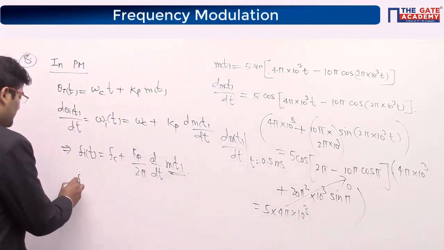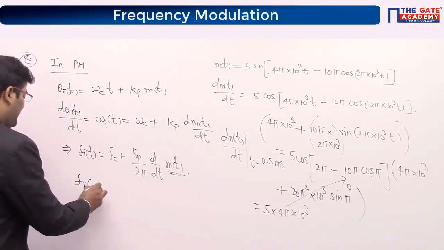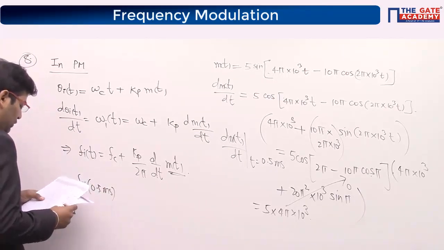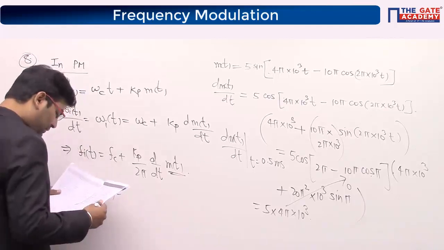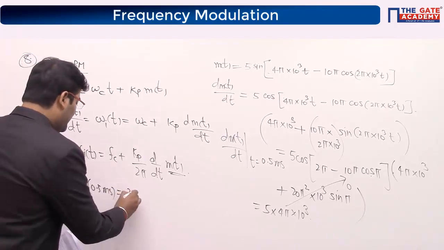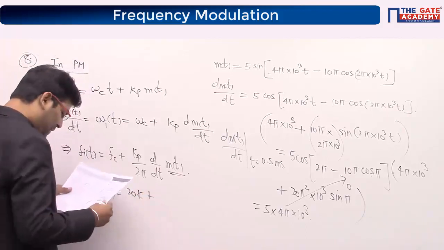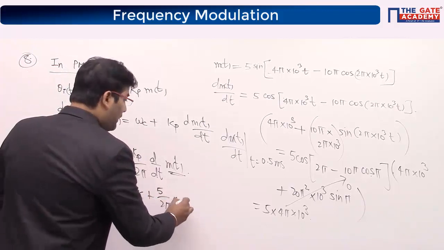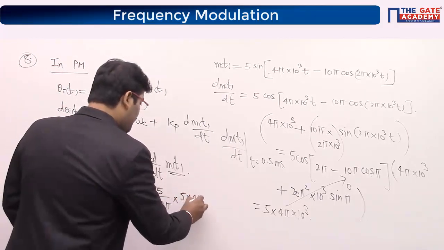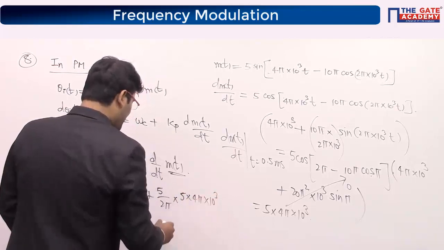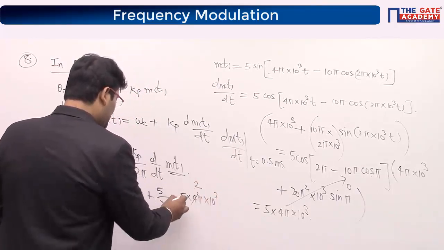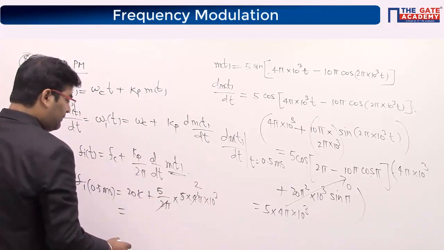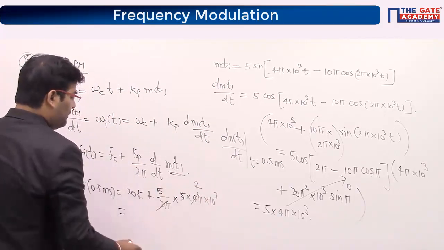So if I add 0.5 millisecond, and the carrier frequency we have got is 20 kilohertz, right? So it is 20k plus k_p, which is 5 radian, divided by 2 pi, and I am getting 5 into 4 pi into 10^3, so it is 50k.